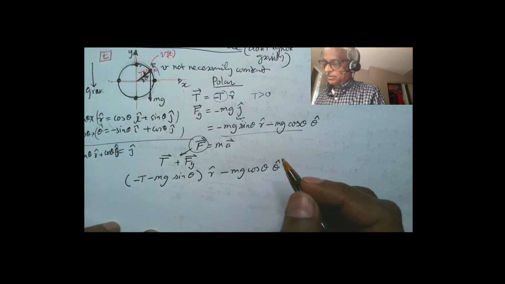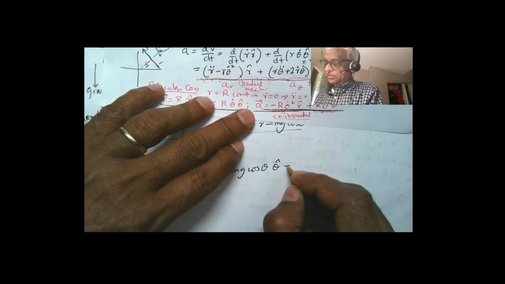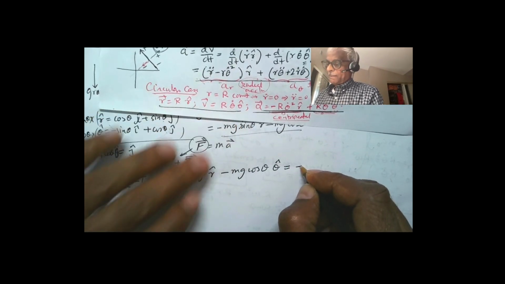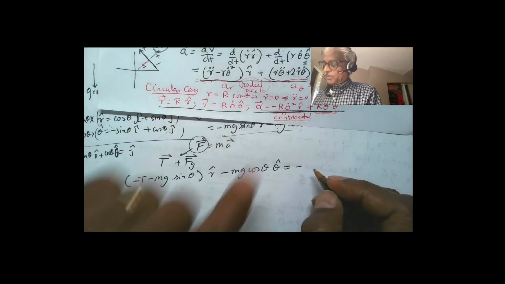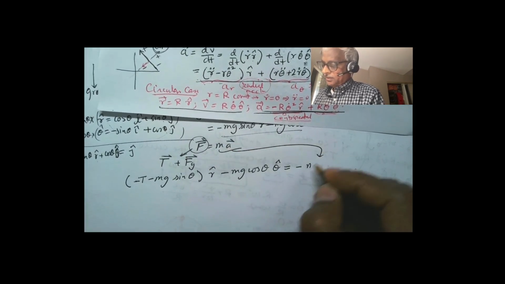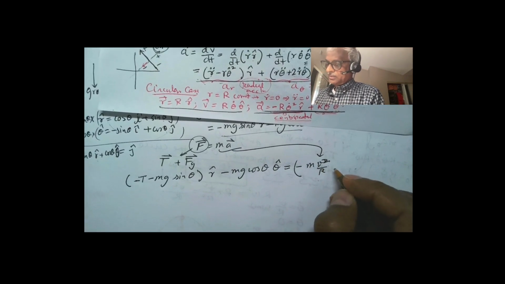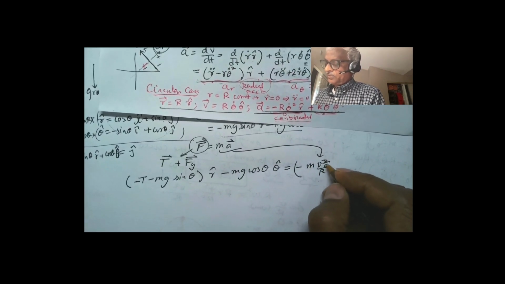And on the other side, because this is going in a circle, we already know what to expect. So for ma, this side is going to be minus mv square over r, and this is a function of time.